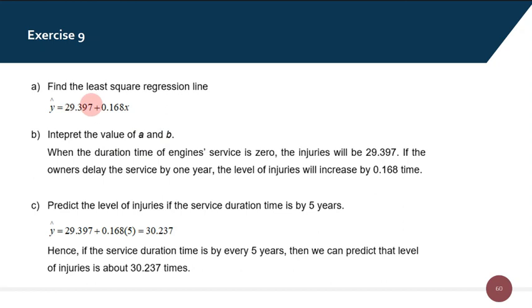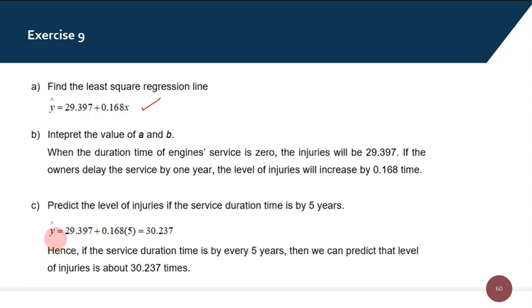So you get the equation from the summary output, then interpret the values of A and B. When the duration time of engine service is 0, the injuries will be 29.397. If the owners delay the service by 1 year, the level of injuries will increase by 0.168 times. Okay, C, you need to predict the level of injury if the service duration time is 5 years.